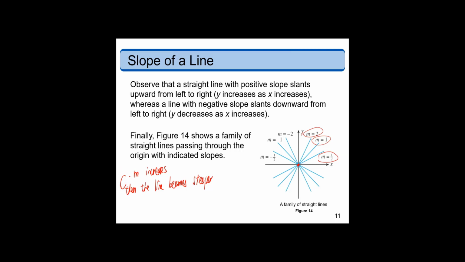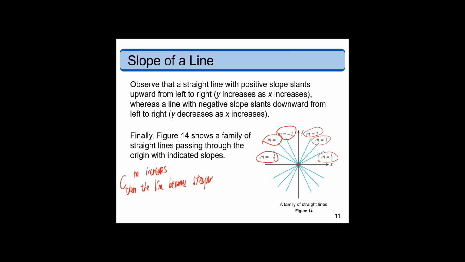On the negative side, it's kind of similar. -half, -1, and -2. Looking at the absolute values of these negative numbers, 2 is bigger than 1, and 1 is bigger than half. So as the slope of the line gets smaller on the negative side, the line becomes steeper.